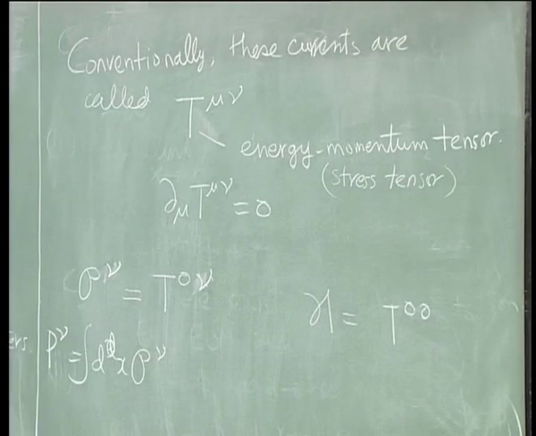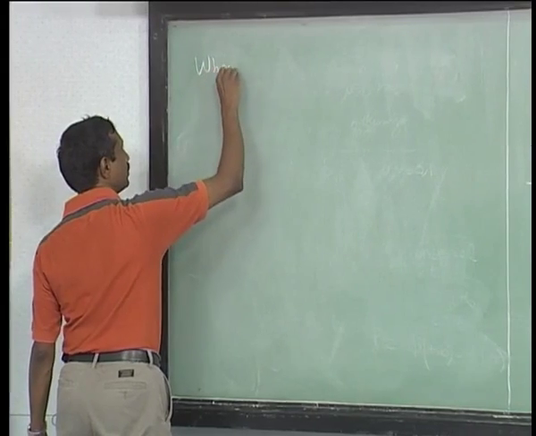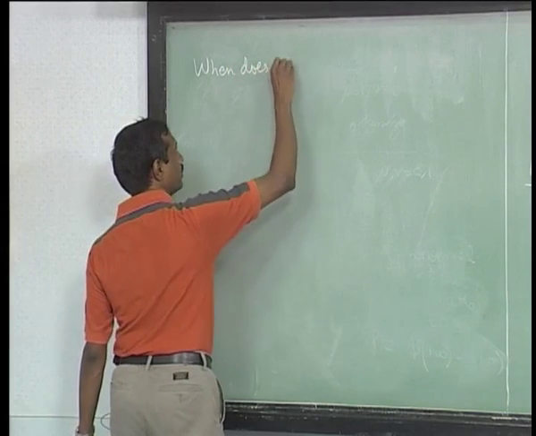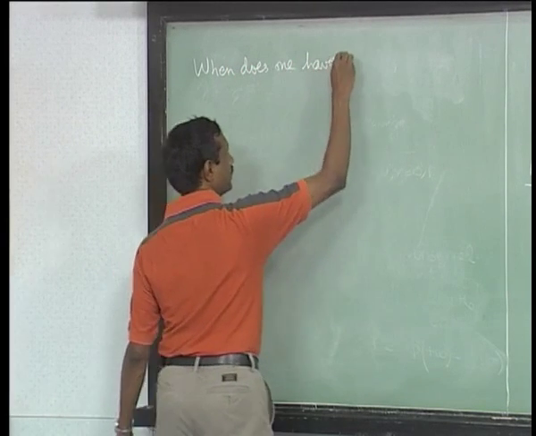Okay, so let us now try to prove this. The question is, when does one have translation invariance?